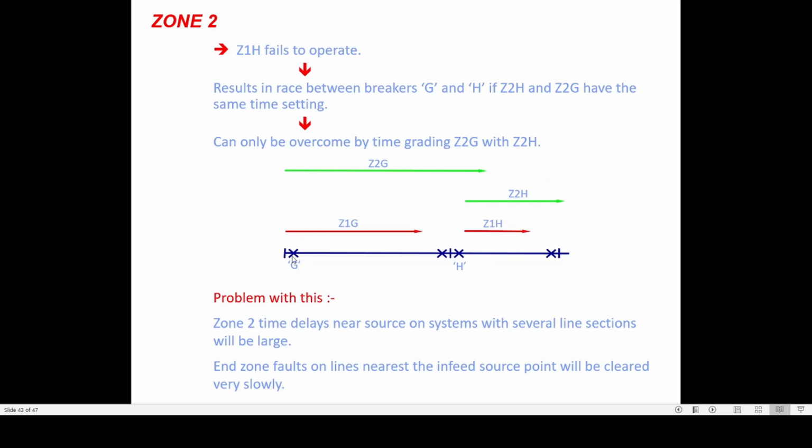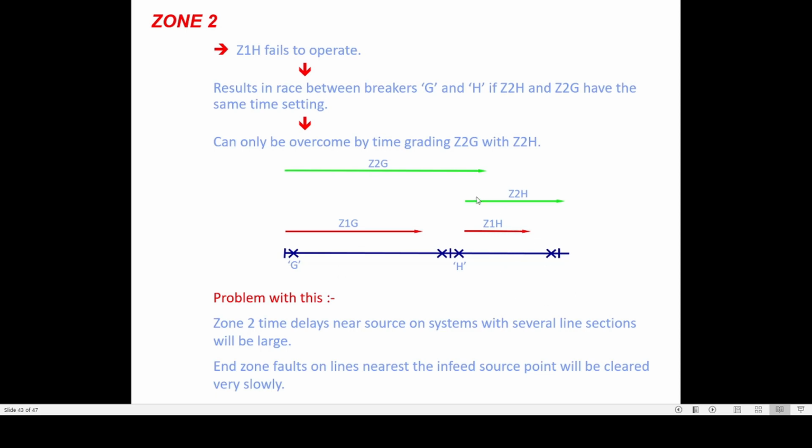Because we have not time graded, if you want better coordination, one possible thing is that you may coordinate zone 2H and zone 2G. But the coordination of zone 2G with zone 2H will make the system more and more complex. Why?